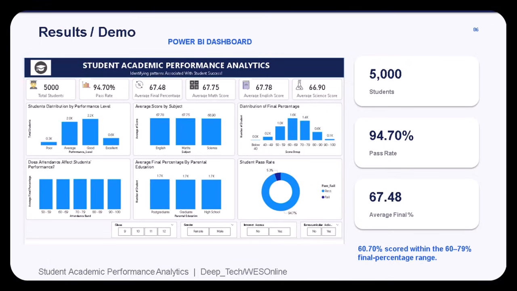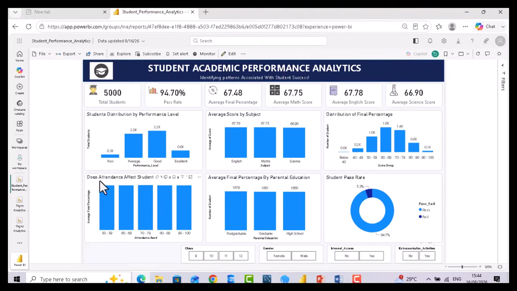subjects. We also investigated whether attendance level affects final performance. The average final percentage across attendance bands was 67.39, 67.40, 67.81, 67.42, and 67.38% respectively. The difference between the highest and lowest group is only 0.43 percentage points.